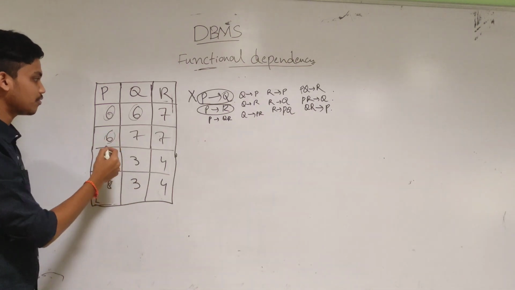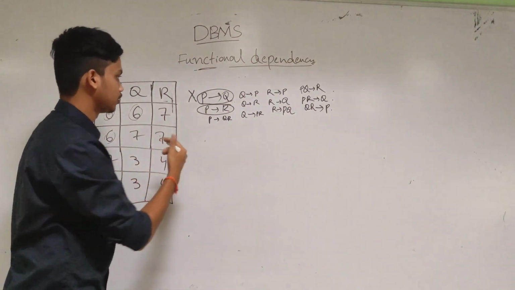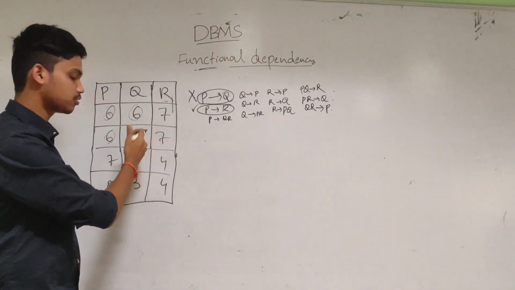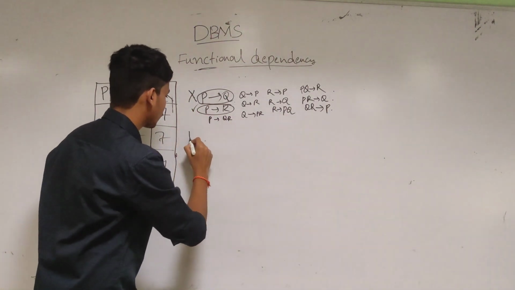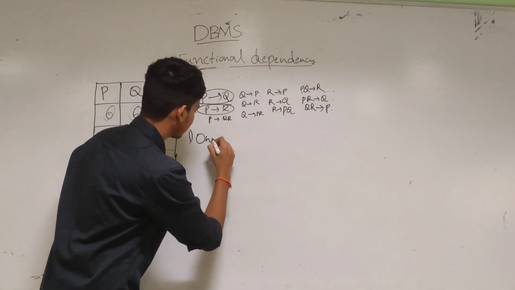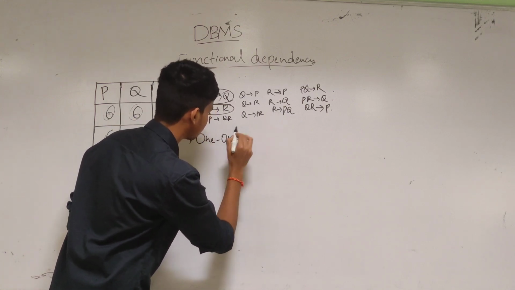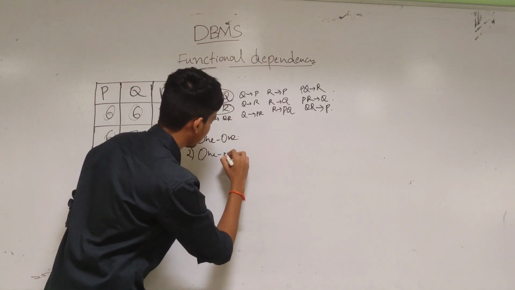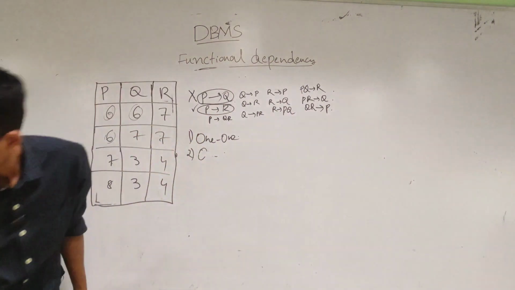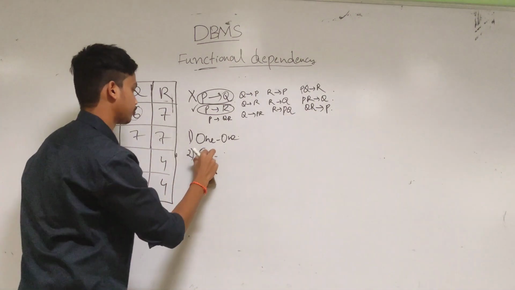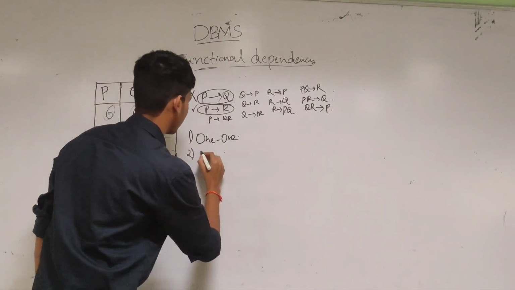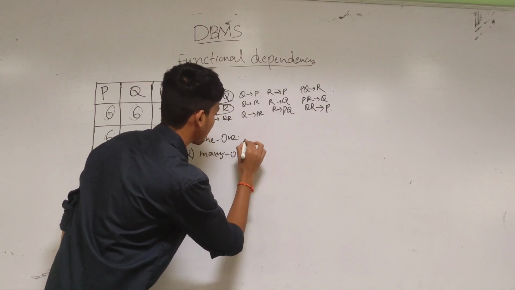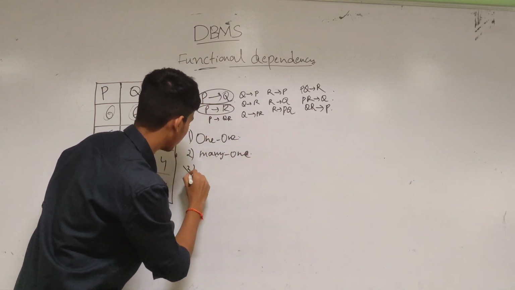For each and every value, there is a different value. So this is possible. While checking non-trivial functional dependencies of a table, first remember one thing: either the relationship should be a one-one relationship, or it should be a many-one relationship. It can't be a one-many relationship.